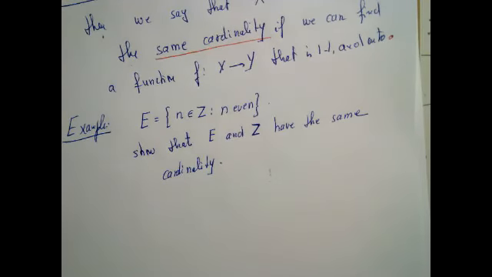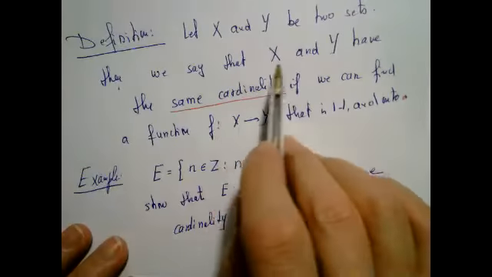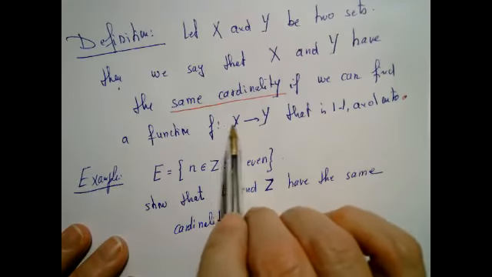I want to show that they have the same cardinality. What does it mean? It means you have to find a bijection that goes from one to another.